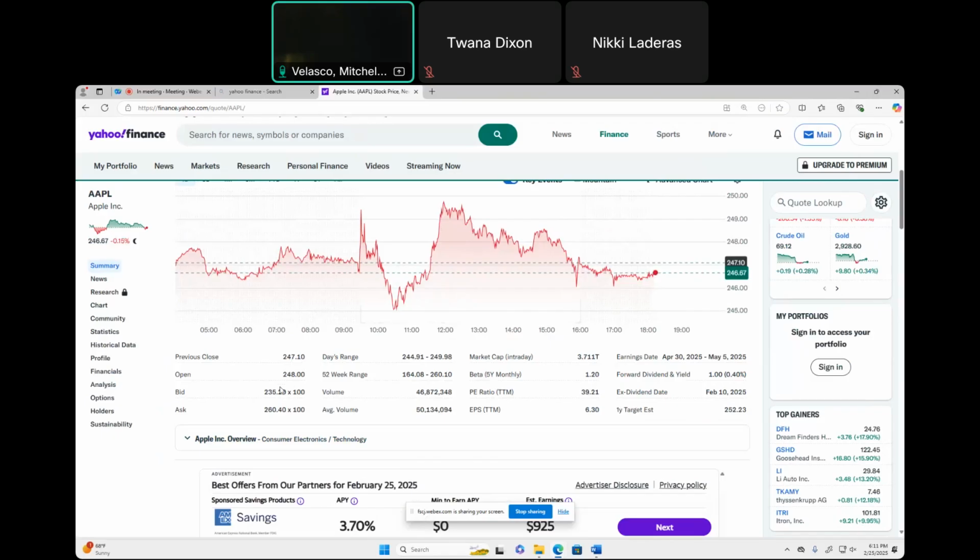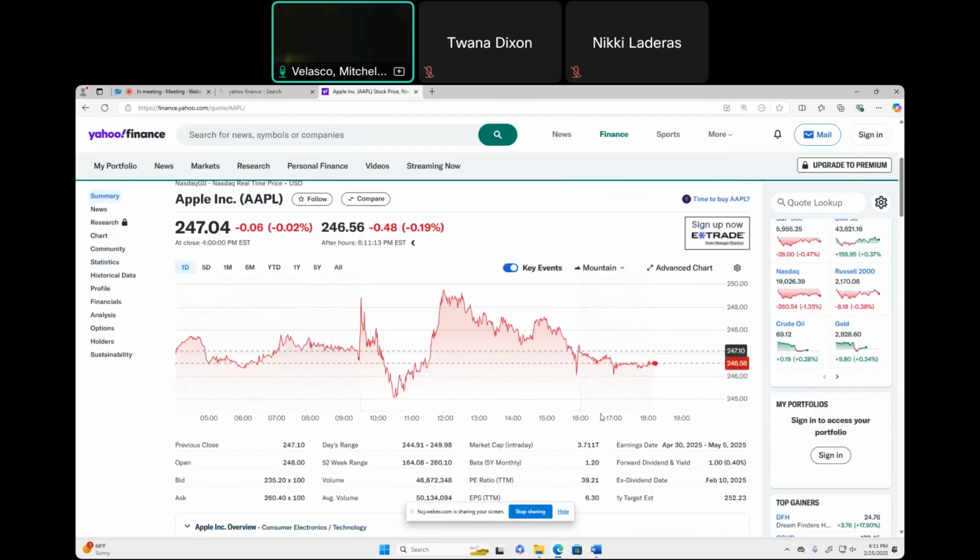Usually you want just a dollar difference between what people are willing to pay for a stock and what people are selling it for. So a highly liquid stock should have a very narrow bid and ask, and that's called a spread. The spread is the difference between what buyers and sellers are willing to buy and sell the stock for.